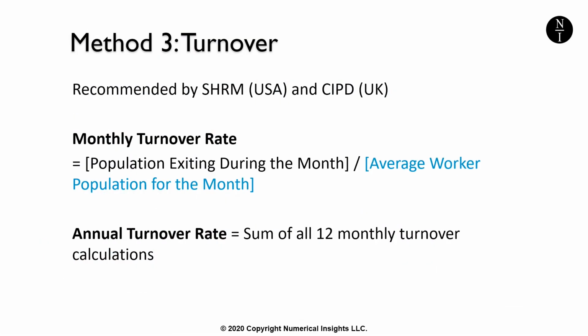In the case where turnover is either very consistent or seasonably predictable, Method 3 helps build useful visualizations that represent how an enterprise is tracking against projections or goals for the year. This method matches the monthly and yearly turnover definitions defined by SHRM in the US and CIPD in the UK.